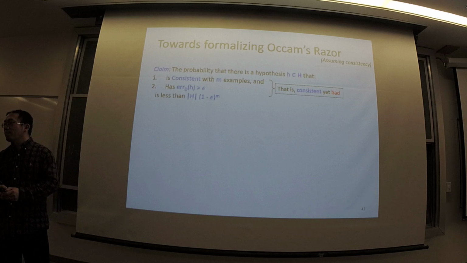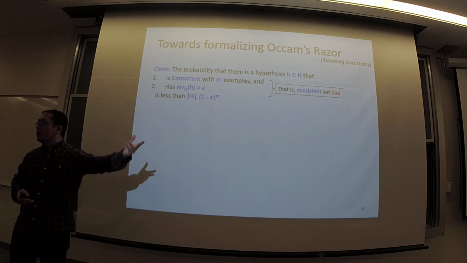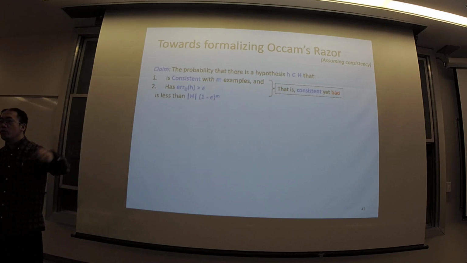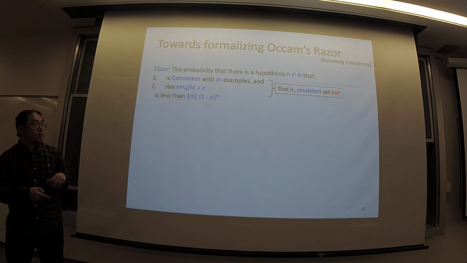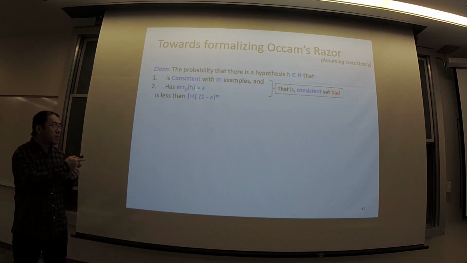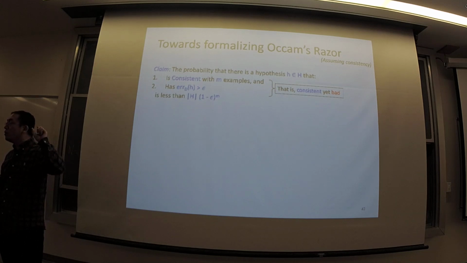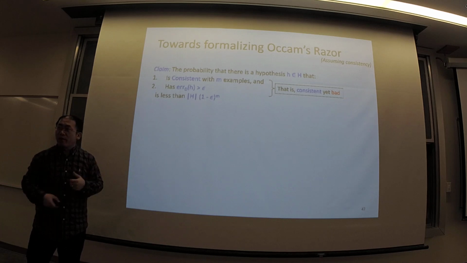But the question is that, ideally, I want my learned decision tree, which perfectly fits the training data, to give very good true error generalization performance. But what if its generalization error is bigger than some epsilon? Like I view a generalization error bigger than 0.1 as a bad thing. So I want to know the chance of this bad thing happening.